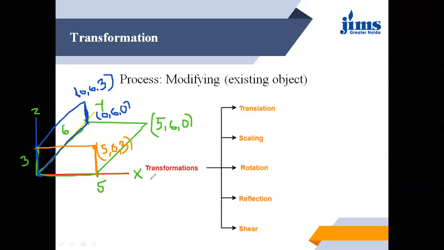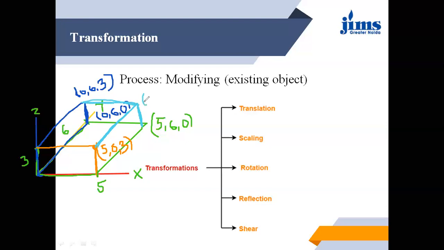Now if I want to draw the complete object, I have to draw the parallel line on the z-axis also. It will look like this. This point will be over here. So this is our object.